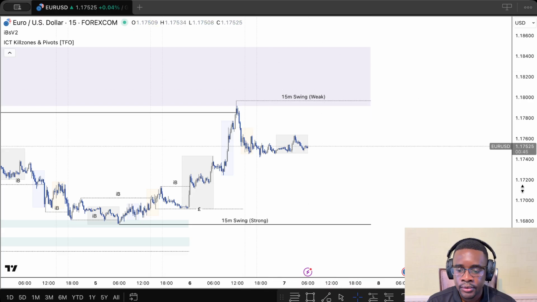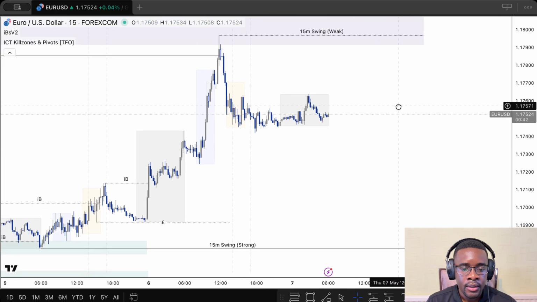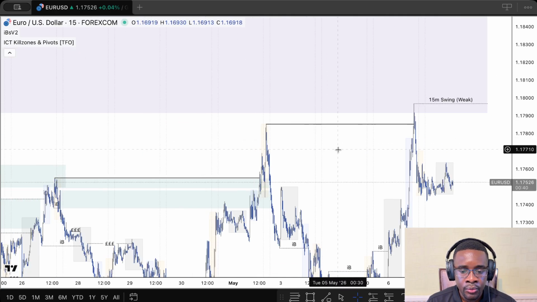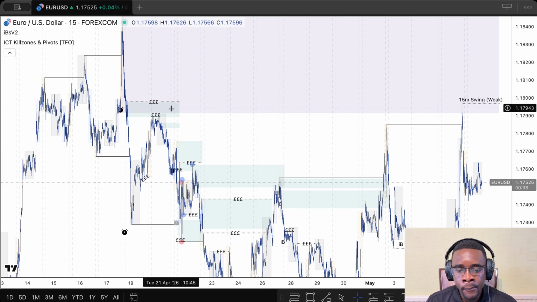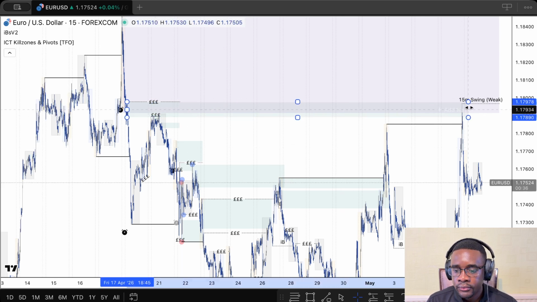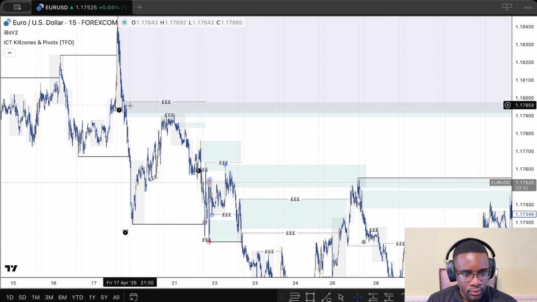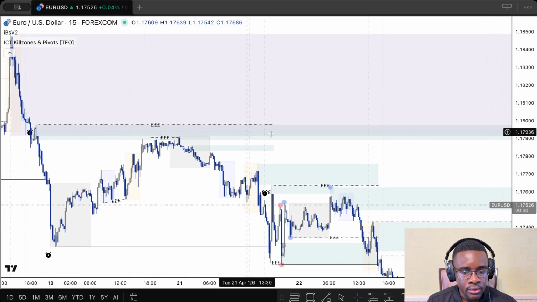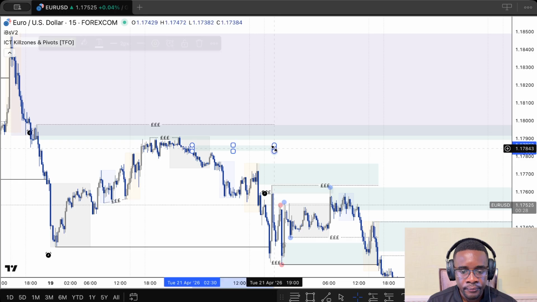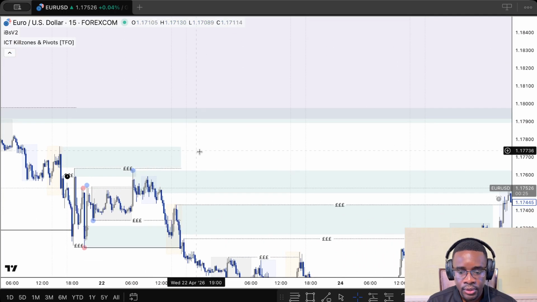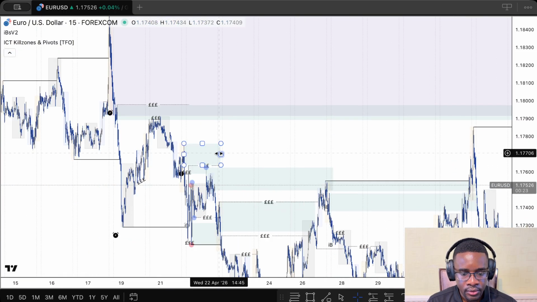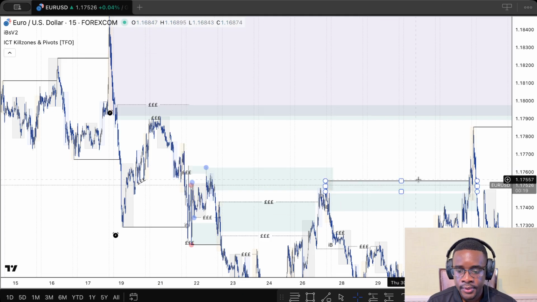High time frame supply. We did mitigate this area on the left, so all of these areas are no longer relevant.